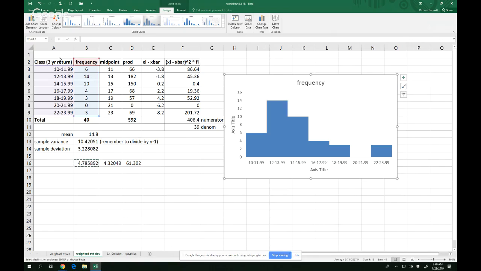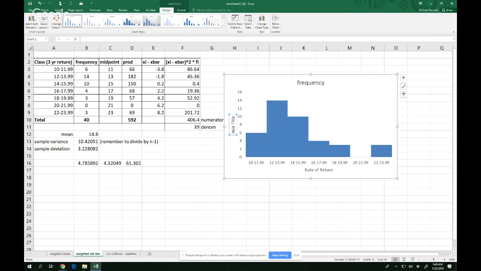Now, what are we going to put down here? We're not quite done yet. What are we going to put down here for the axis title? We're going to put class or rate of return. I don't like class, but rate of return is a good answer. And what are we going to put here? I don't like frequency. Technically, that's not a wrong answer, but it's very generic. What does this represent?